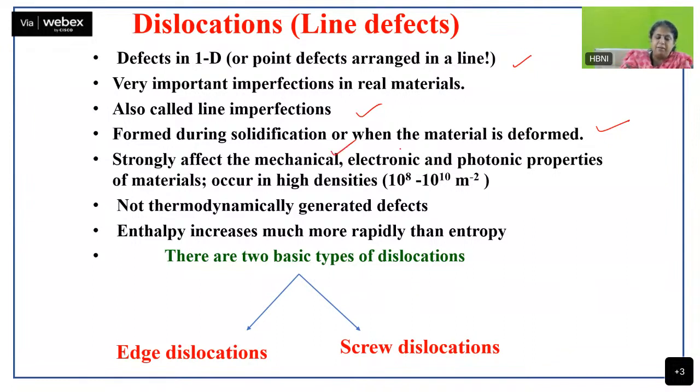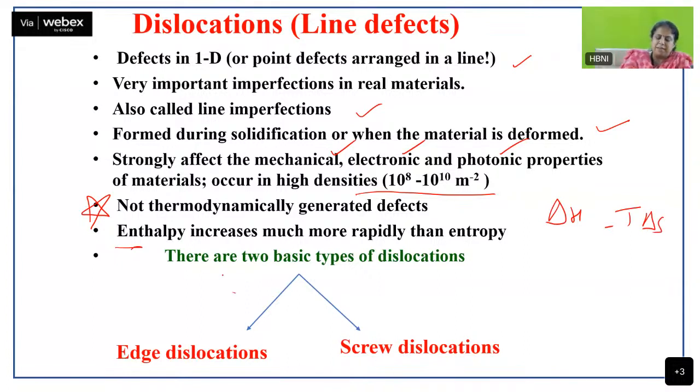They affect the mechanical, electronic, and photonic properties of the material, and they also occur in very high densities, of the order of 10 raised to the power 10 line defects per meter square of the area. They are not thermodynamically generated, and it is an important point to remember. Here, your enthalpy increases much more rapidly than the entropy. As a result, your delta H term makes it unfavorable as compared to the minus T delta S term.